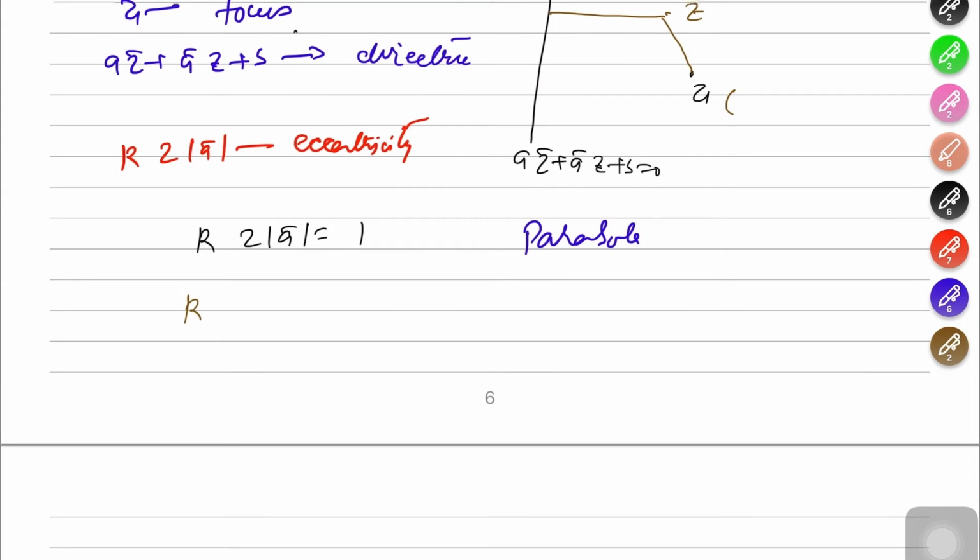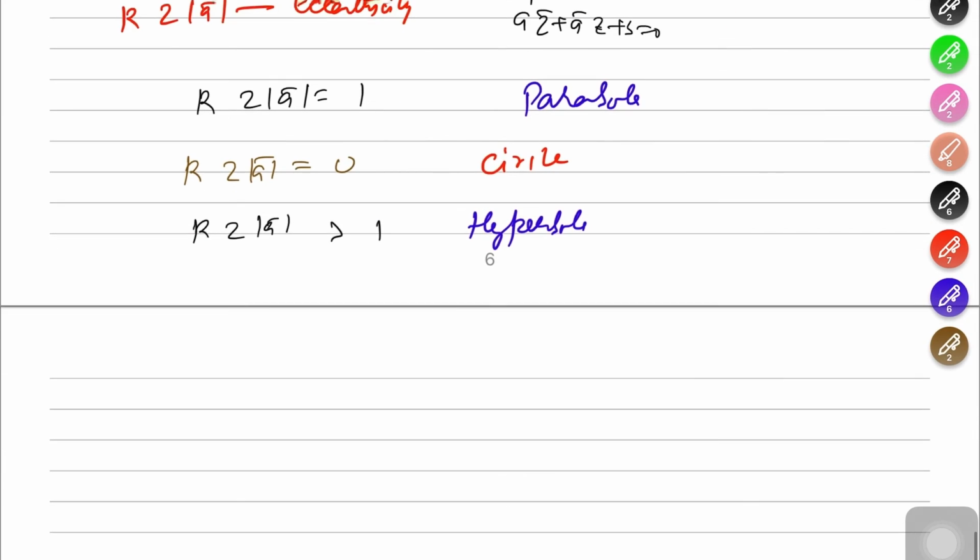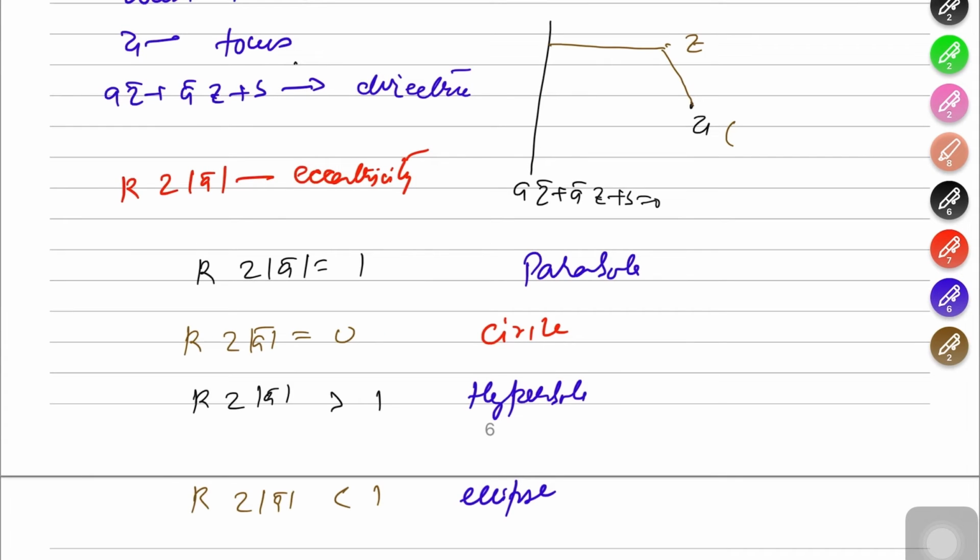If K into 2 mod a is equal to 0, that clearly represents a circle, since we know that the eccentricity of a circle is 0. If K into 2 mod a is greater than 1, then they represent a hyperbola. And if K into 2 mod a is less than 1, then they represent an ellipse.